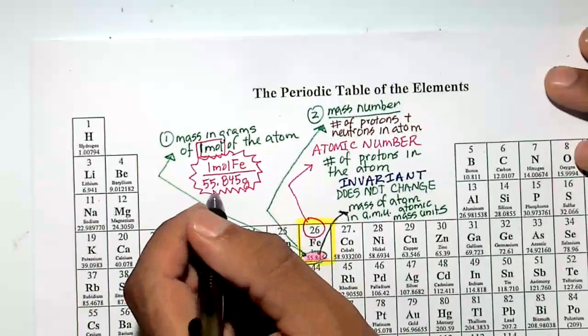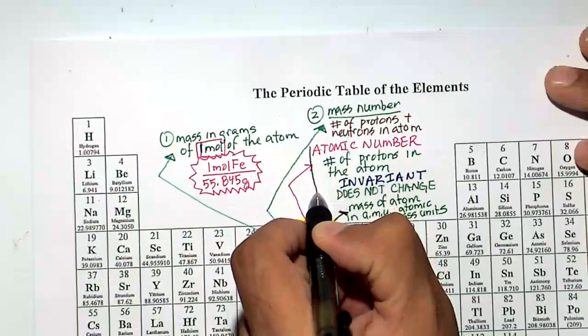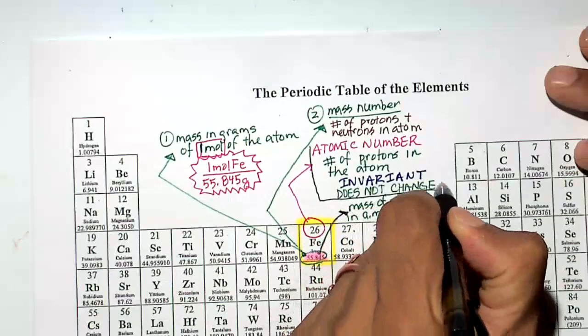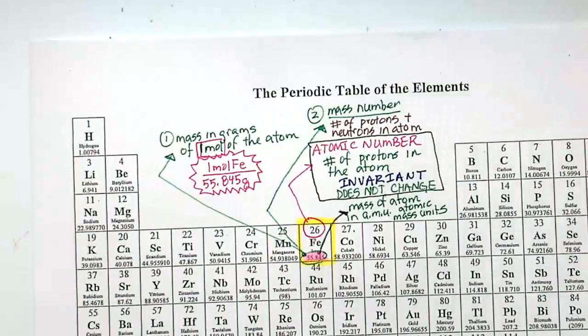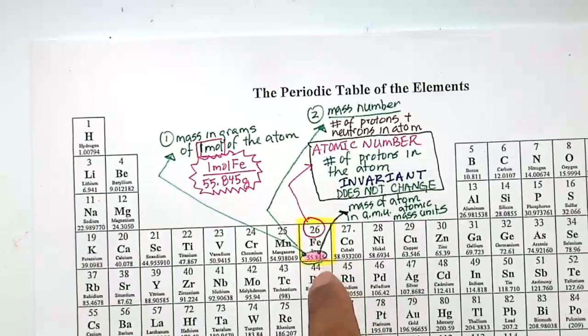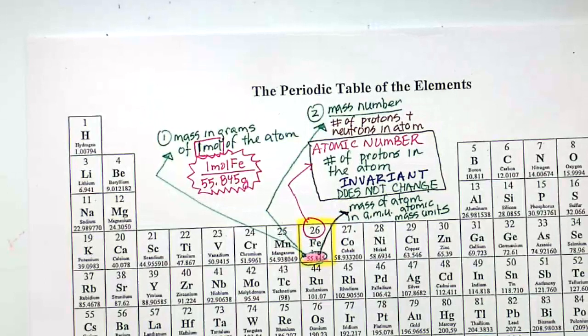The 1 mole is this many grams, which is going to be important in this class later on. Mass of the atom in AMU. So how much does iron weigh in AMUs? 55.845. That's how much it weighs in atomic mass units.